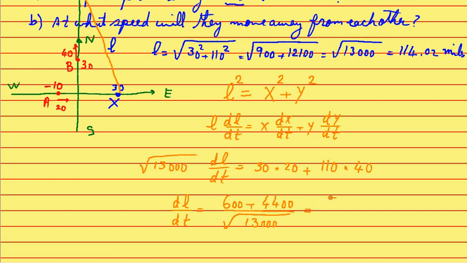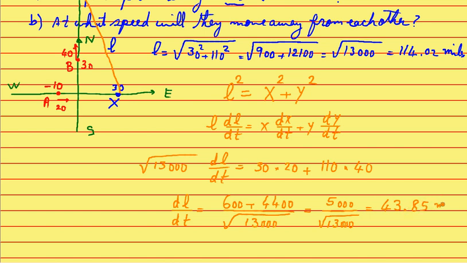This is going to be even 5,000 over the square root of 13,000. You divide that, you get, let's see, what do we get? You use your calculator and find out that this net separation speed turns out to be 43.85.